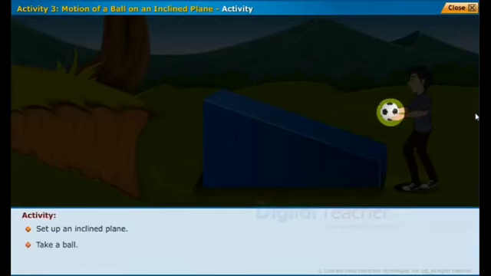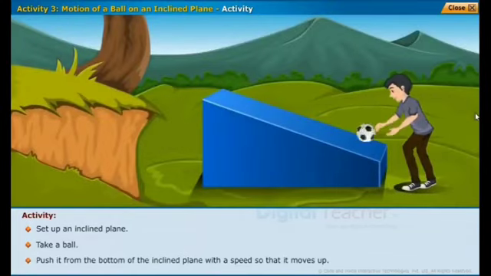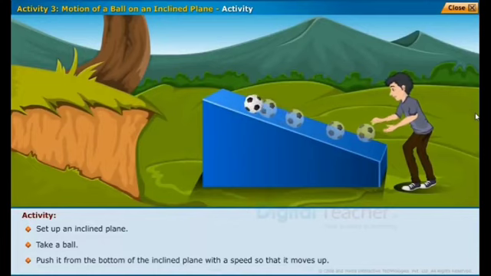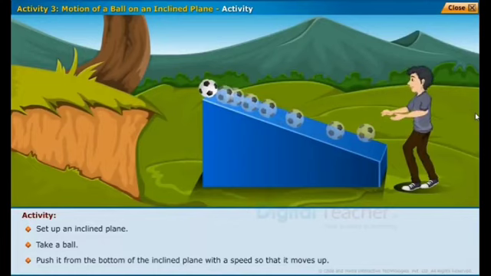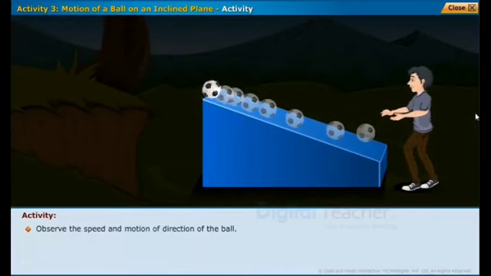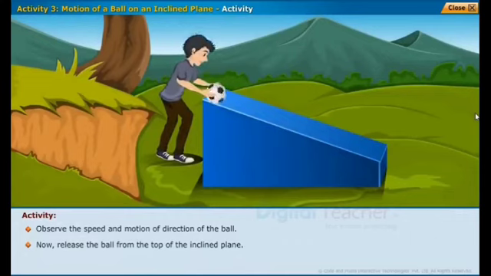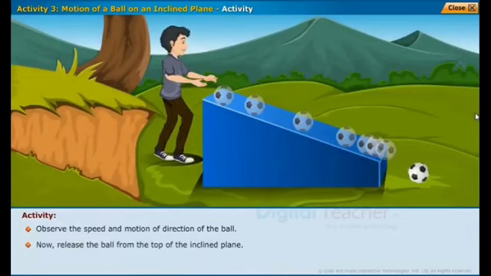Children, observe this activity, motion of a ball on an inclined plane. Set up an inclined plane. Take a ball. Push it from the bottom of the inclined plane with a speed so that it moves up. Observe the speed and direction of motion of the ball. Then what do we observe? Now release the ball from the top of the inclined plane.